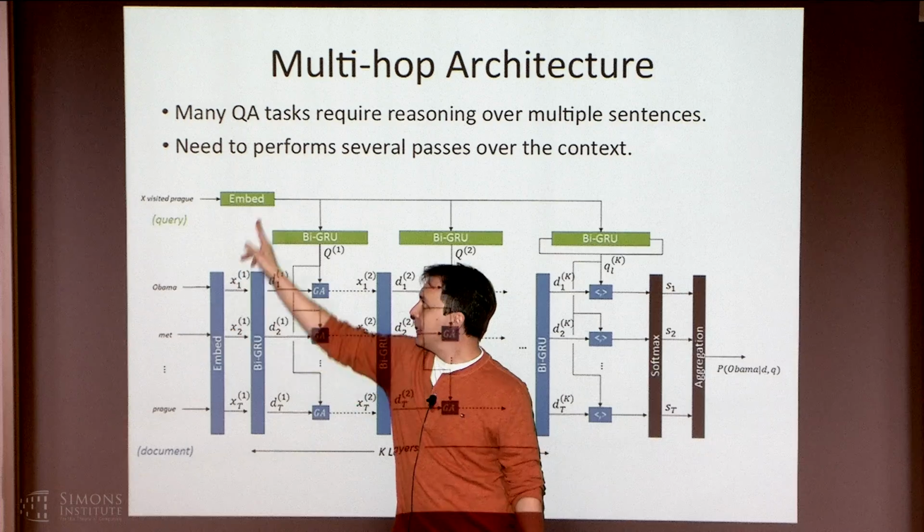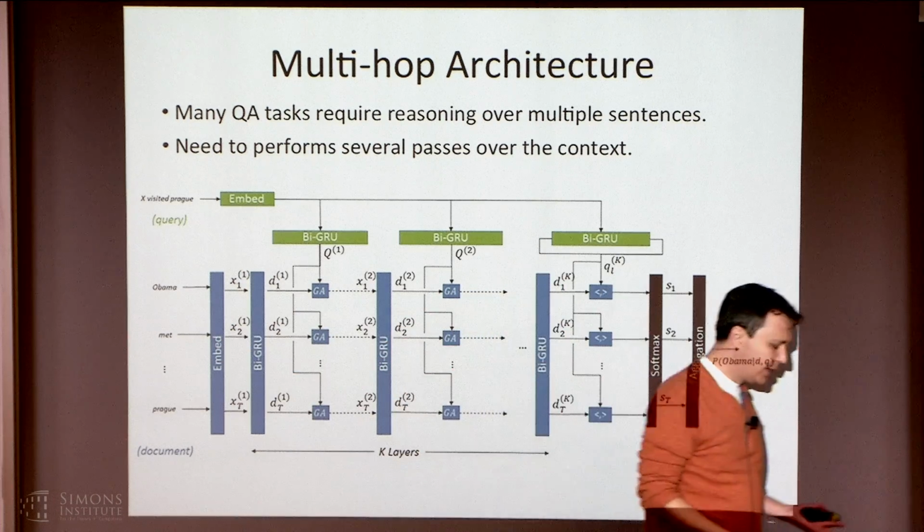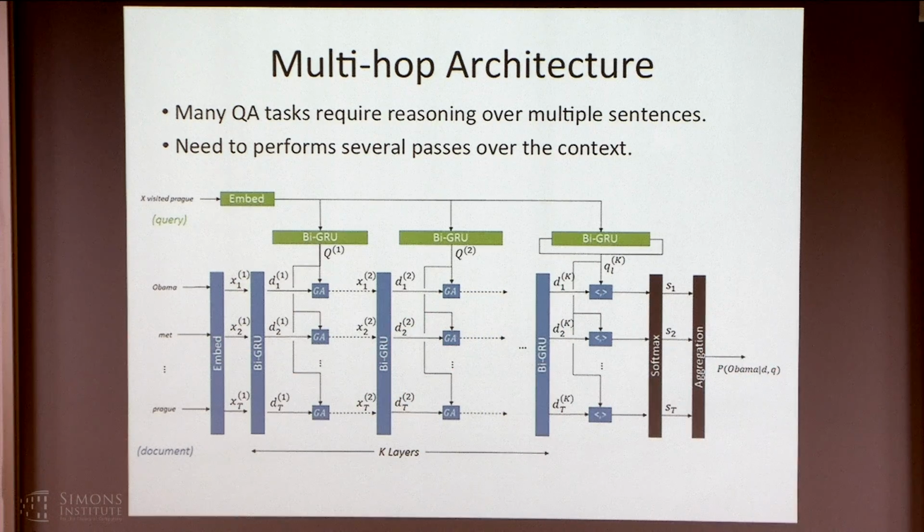So it's almost an instance of something called attention, which figures out the correlation between the query and what you're seeing in the document. You're trying to come up with the right representations to say this query is probably asking about this thing, and the document is talking about this thing.